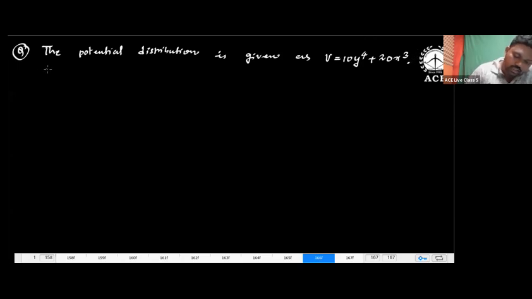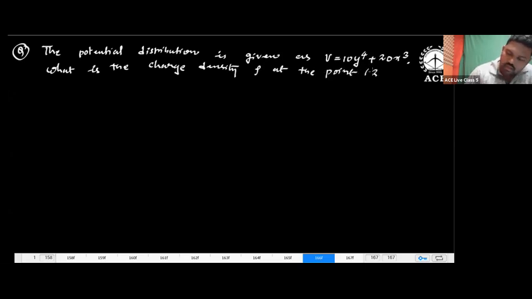What is the charge density rho at the point 2, 0?